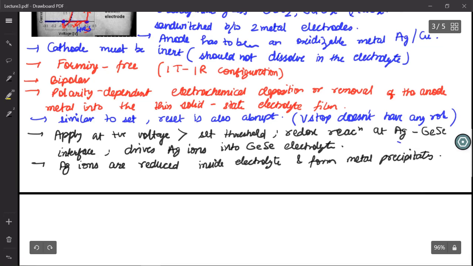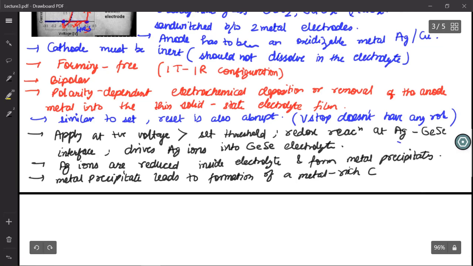Right? So this metal precipitate leads to the formation of a metal-rich conductive filament, metal-rich CF, which now connects the two electrodes, right?